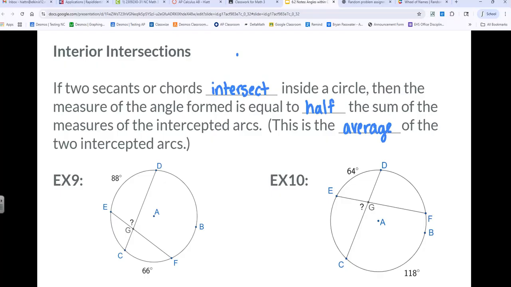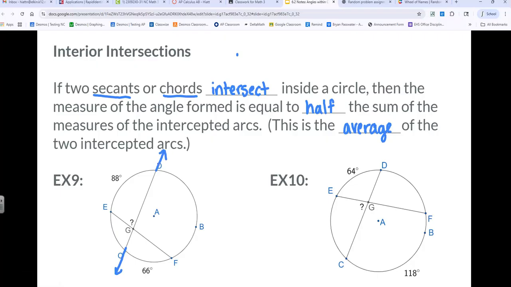So, the scenario that we're looking at here, we've got either secants or chords. The only difference between a secant or a chord is that with a secant, the lines keep on going outside of the circle. What we're looking at here, these are chords because they're just line segments that stop on the edge of the circle. But if it was a secant instead, the lines would keep going like this, right?